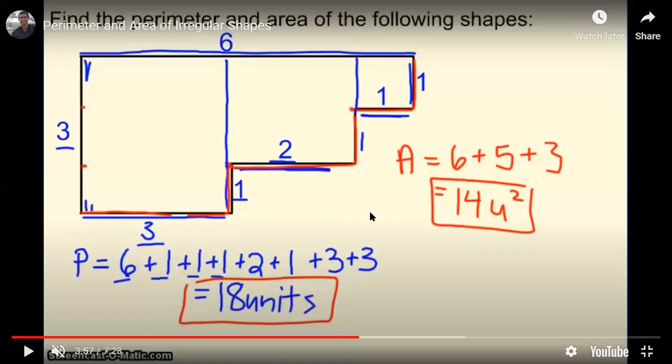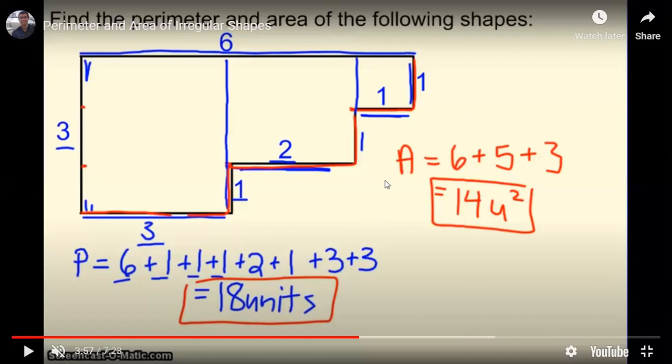We divided the figure into 3 rectangles. So this is another way. We can divide the question in another way. In this way, who can describe what you have in front of you now? 3 squares. Excellent. Why did he say square?